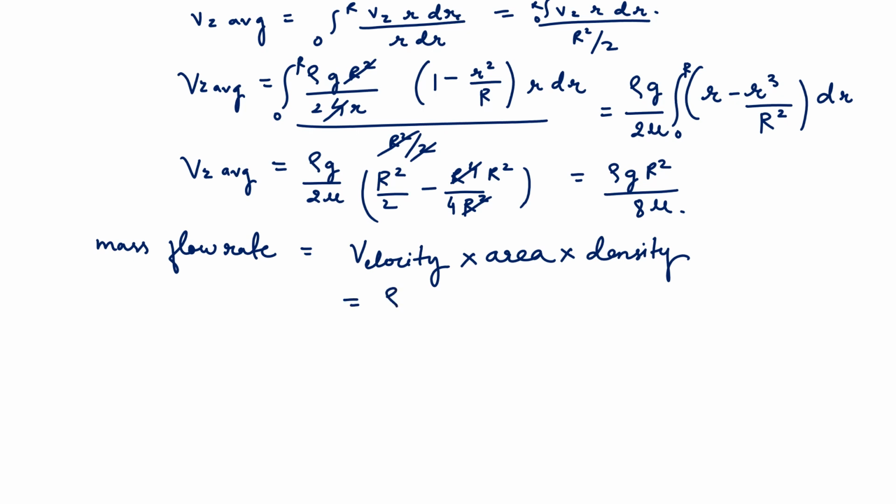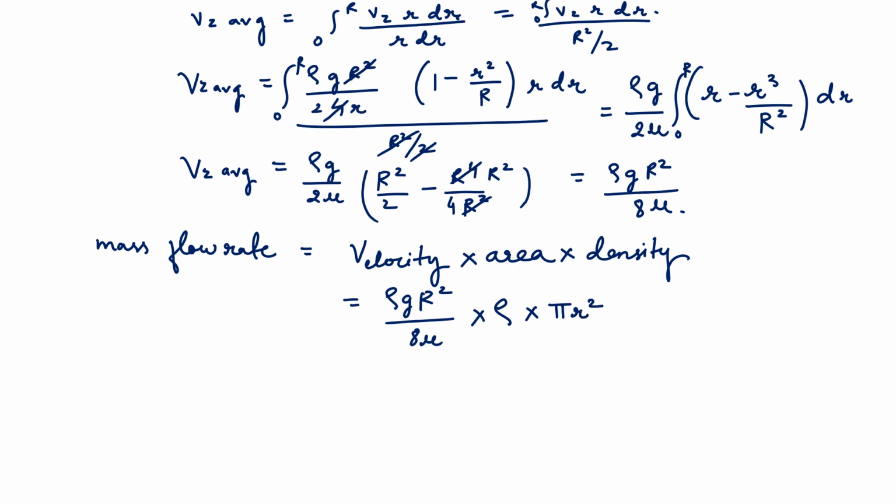So velocity is rho g R square upon 8 mu for average velocity, into rho, into area, that is pi R square.